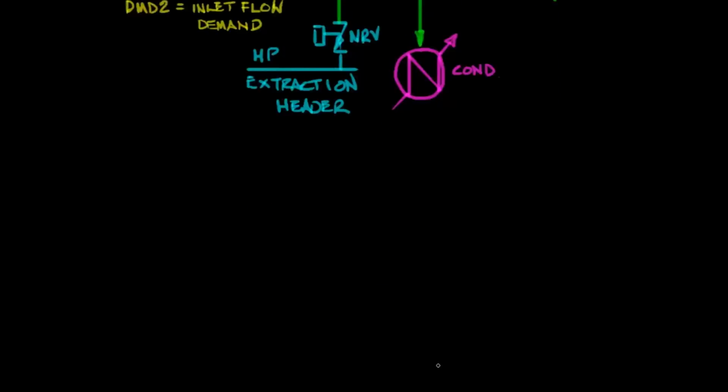So demand 1 is a power demand, demand 2 is a flow demand, specifically in this case the inlet steam flow demand.